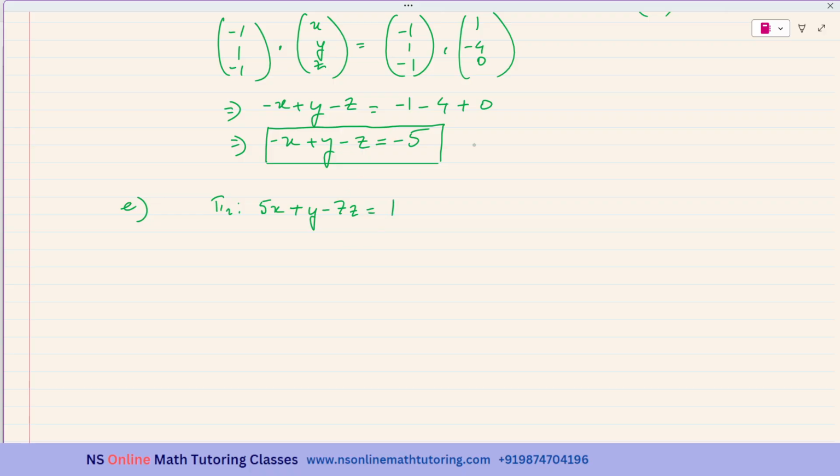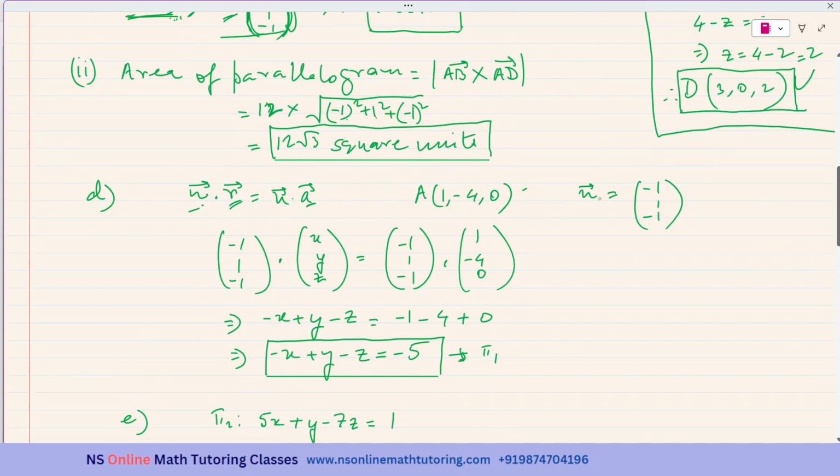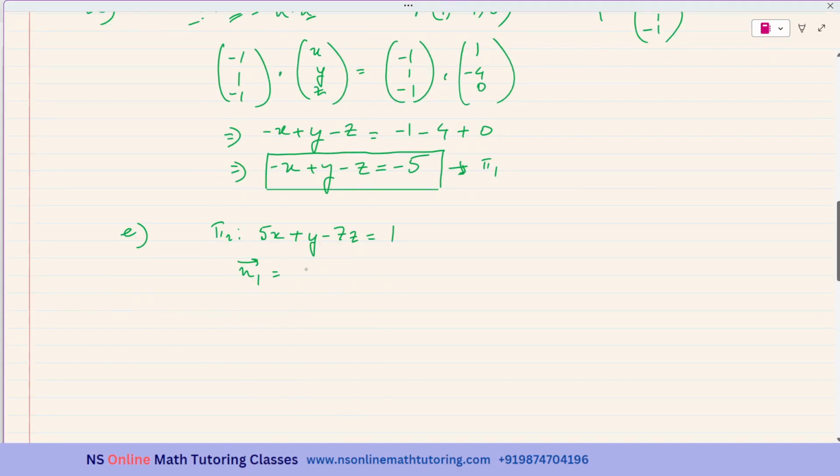And this is pi 1. And what are the normal vectors? Normal vector n1 for pi 1 is minus 1, 1 and minus 1.